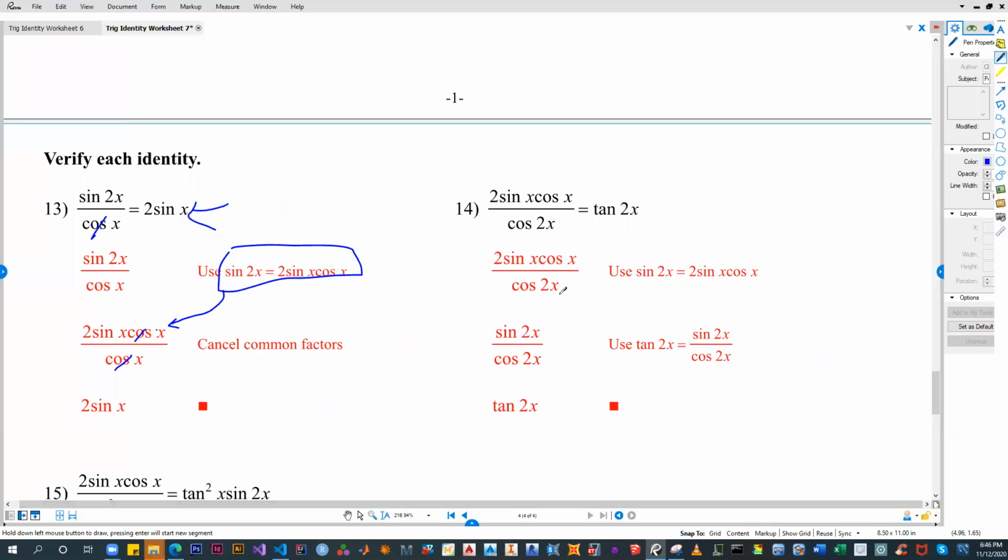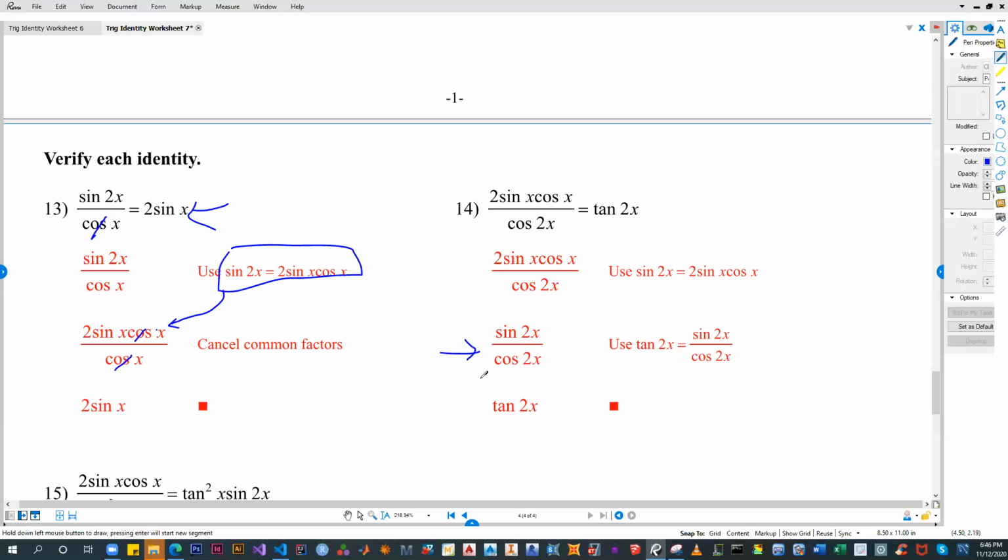And then for 14, let's look at this one. 2 sine x times cosine x over cosine 2x. The sine 2x is the same thing. You're just doing the reverse. So you have sine 2x over cosine 2x.